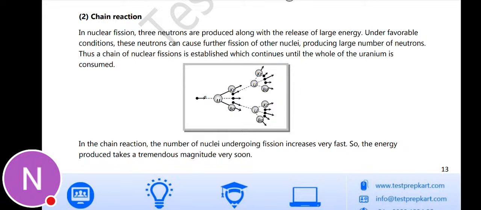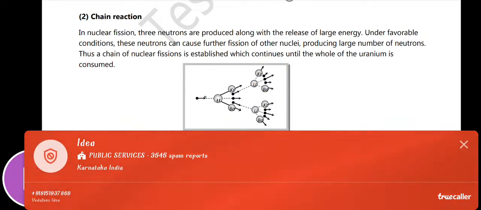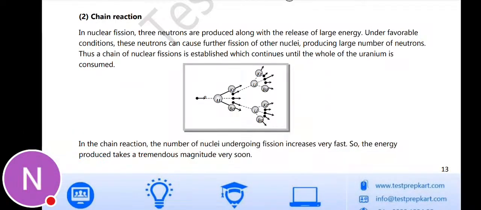As three neutrons are produced, those neutrons will produce more neutrons. Like this, a chain will be produced.